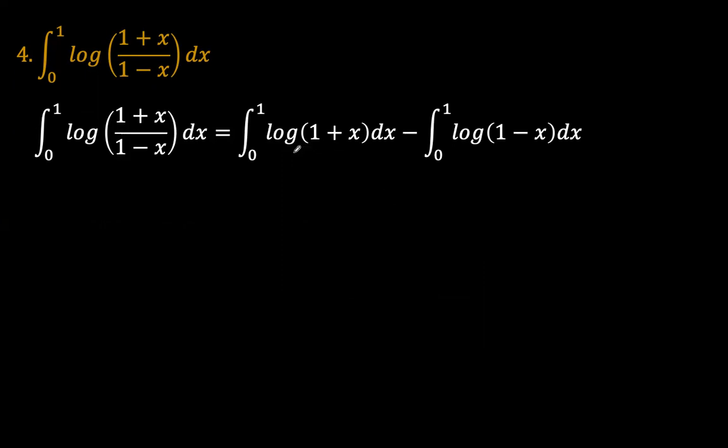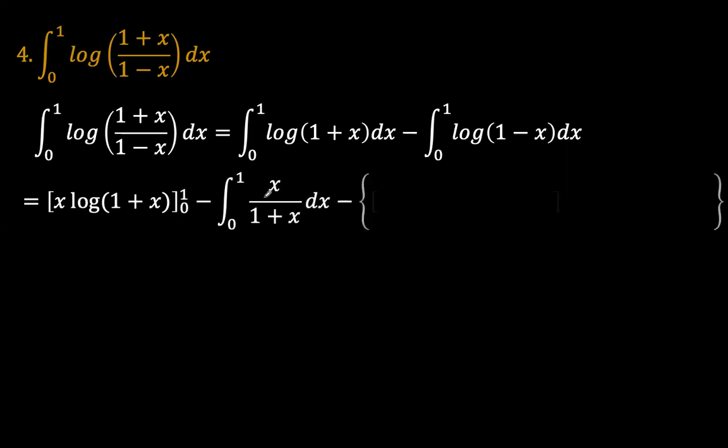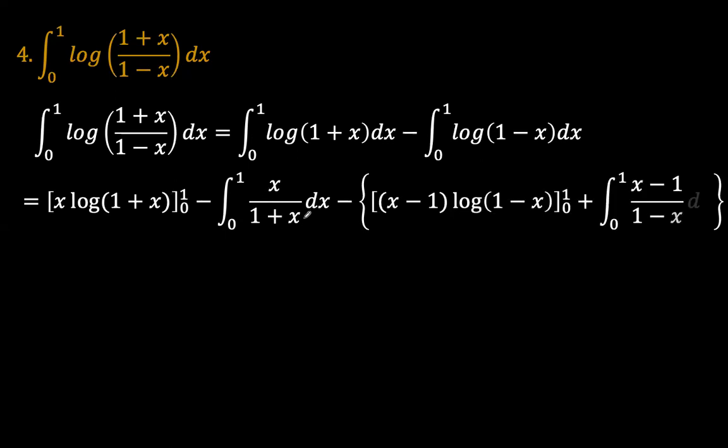And so as we can see here, we can assume that we have a hidden dv, and this is u. So using integration by parts, uv would be x log 1 plus x minus x in the numerator, or x times the derivative of log 1 plus x, which is 1 over x. So multiply that together.